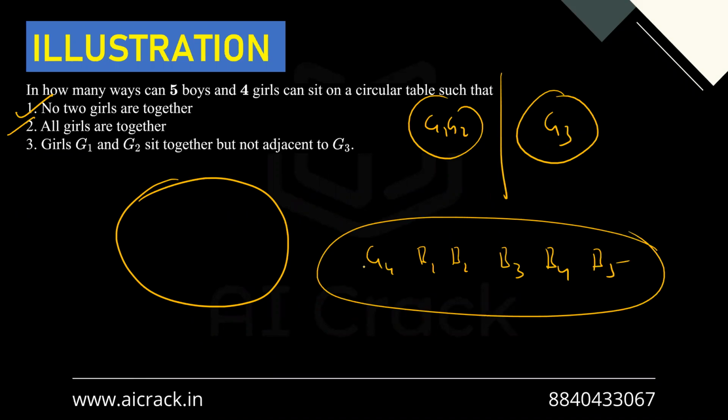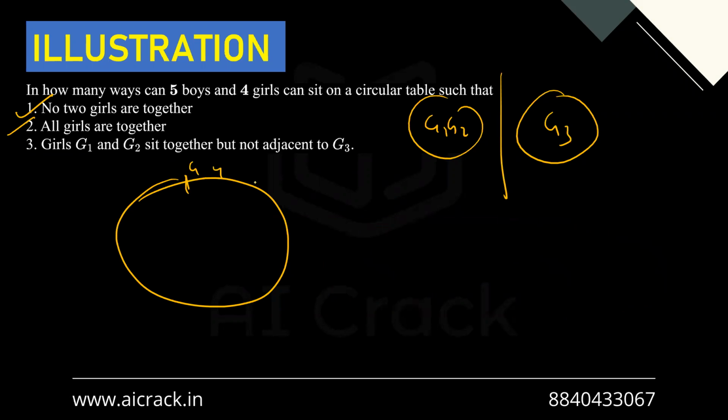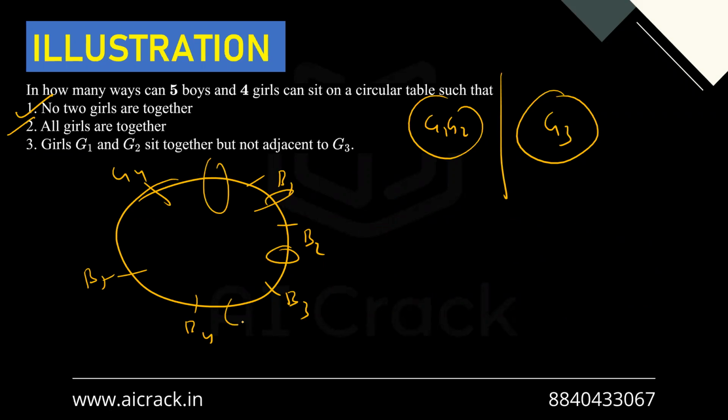So these 6 entities can sit however they want, but these have to be filled between these gaps, right? So this is G4, B1, B2, B3, B4, and B5, right? So let's say G4 is somewhere over here. Okay. Now we have 1, 2, 3, 4, 5, and 6 gaps, right?